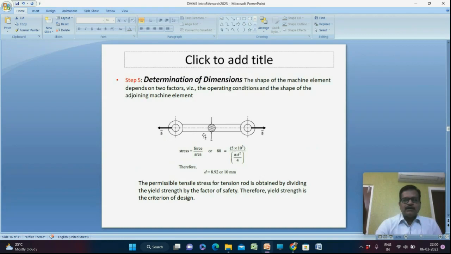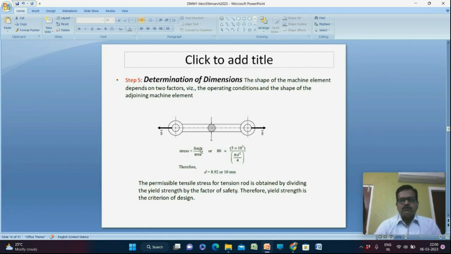Let us say here a bar is subjected to an axial tensile force of 5 kilonewton. The dimension of the bar has to be determined.